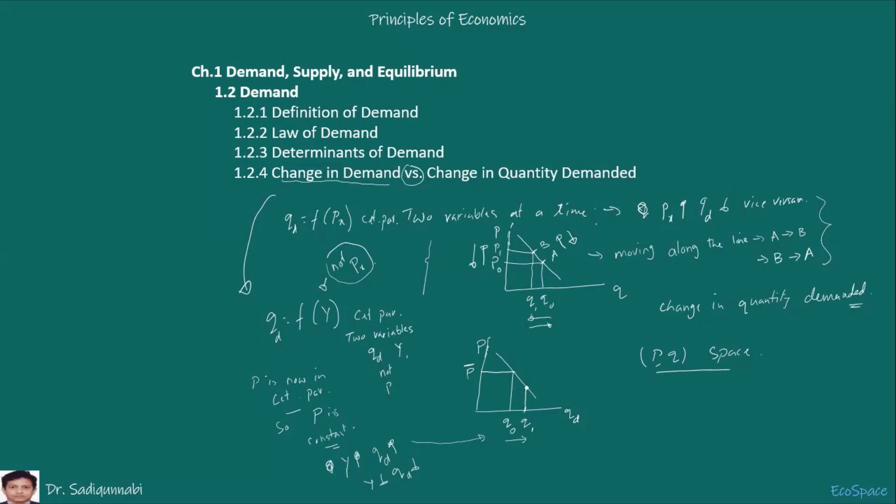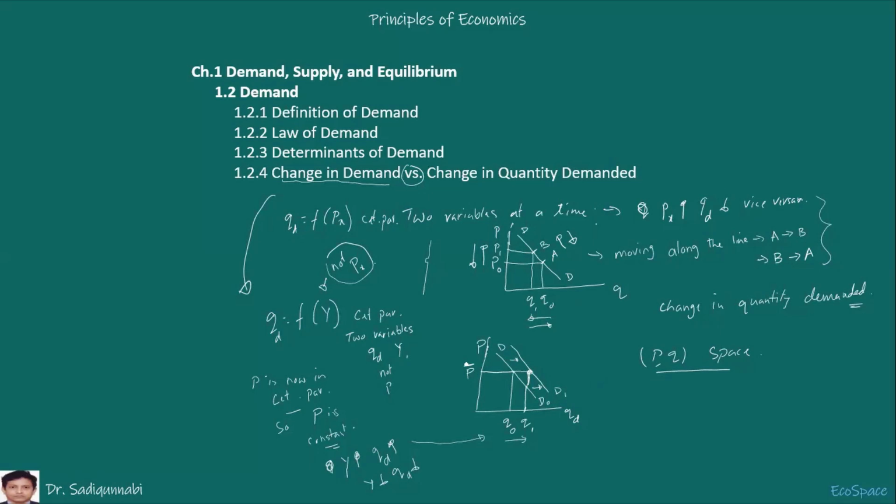So you need to extend this and make a point here. And now the curve shifts forward. Demand curve is D0, now D1. So the demand curve shifts forward.